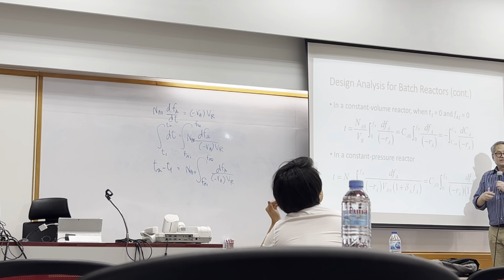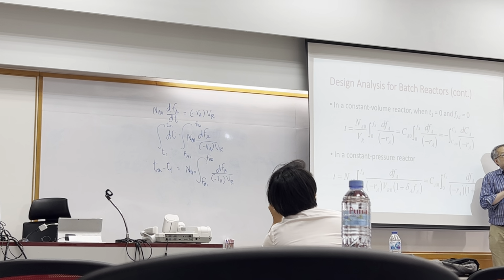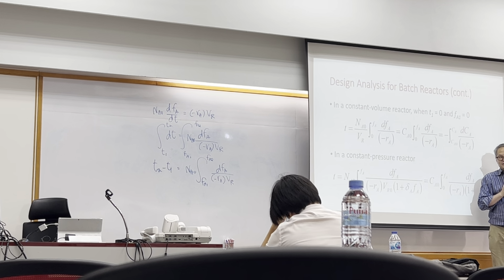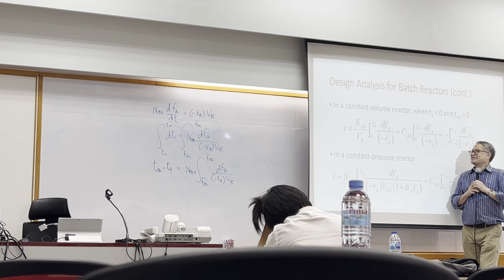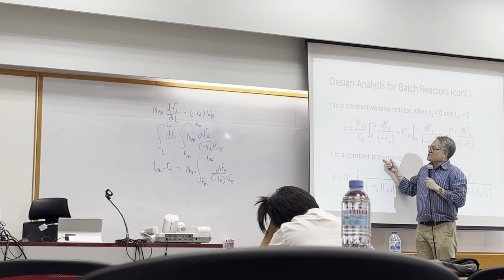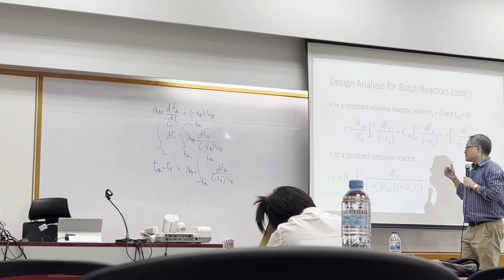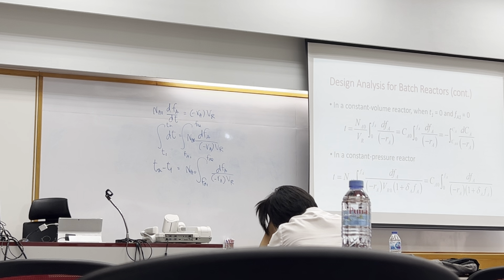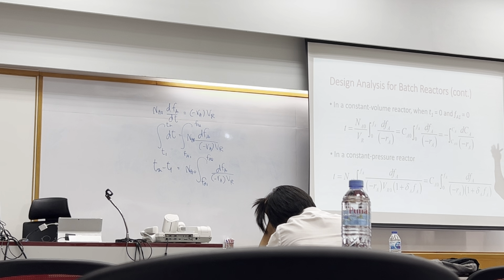For constant pressure, okay? Constant pressure means variable volume, right? So we already deal with a variable volume system, right? This is when the reaction is in gas phase and the number of moles on the reactant side and the product side are not equal, right?